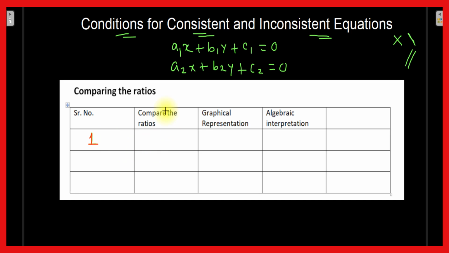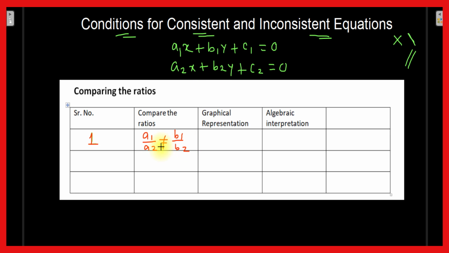The first condition, by comparing the ratios: if a1 upon a2 is not equal to b1 upon b2. If this is the condition, a1 upon a2 means the ratio of the coefficients of x and b1 upon b2 the ratio of the coefficients of y.